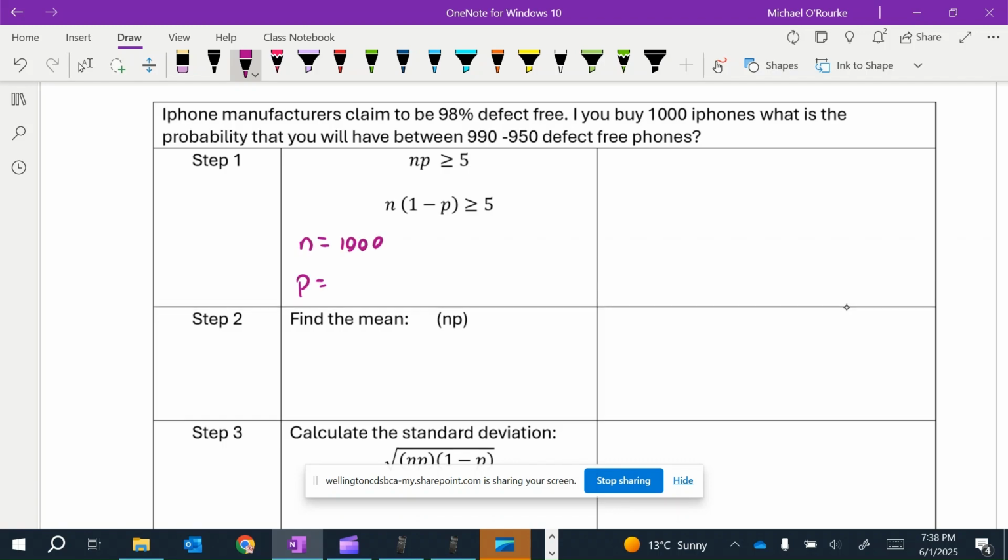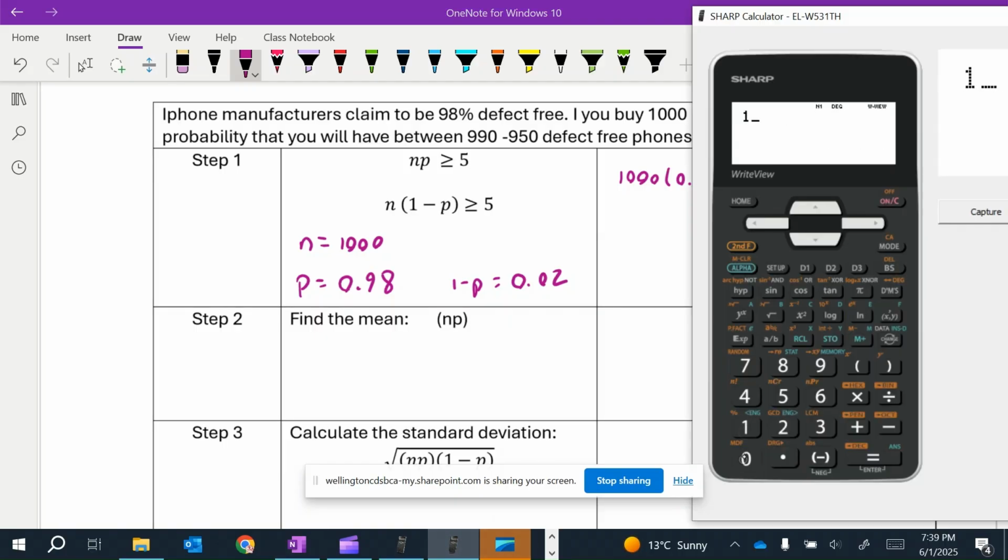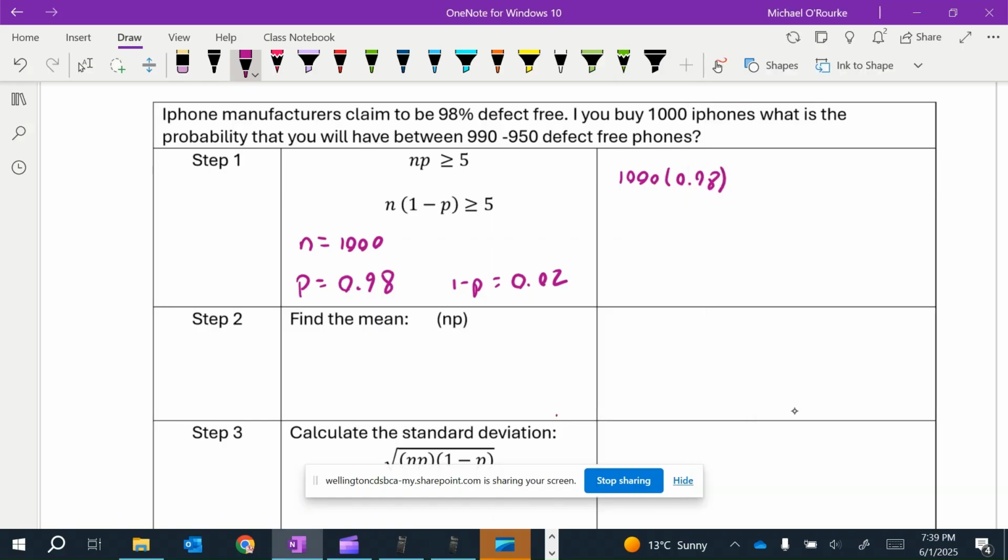My p is 0.98. And my 1 minus p is going to be 0.02. So my np, 1,000 times 0.98, is 980.